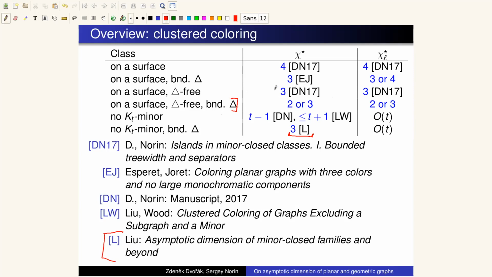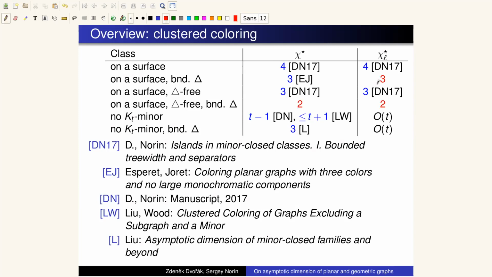And also, the results that we have for graphs on surfaces with bounded maximum degree are specific to proper coloring, so it's not clear what happens in the list coloring setting. And the result that I want to report on in my talk is that in both of these settings the answer is yes.